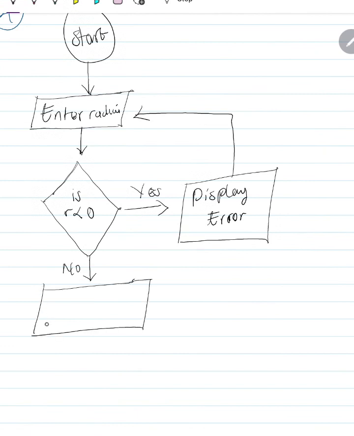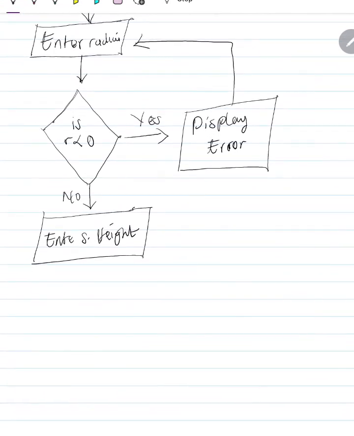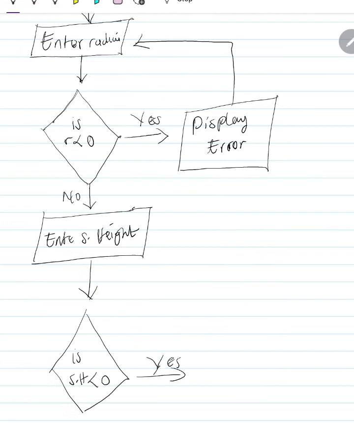So you enter slant height. Okay, now again, you have two decisions that you need to make. So you have to ask yourself, using a rhombus, is my slant height less than 0? You have a yes, or a no.